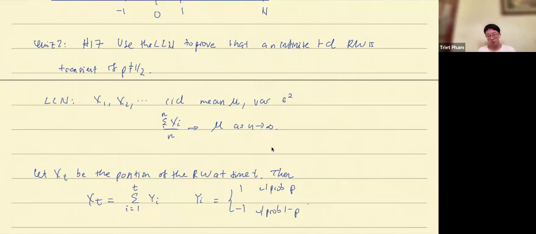So the y_i are the steps: step 1, step 2, step 3, up to step t. That will give you the position. And so the random walk is particularly suited to work with any theory that deals with random sums, sums of IID random variables, which include the law of large numbers and the central limit theorem.